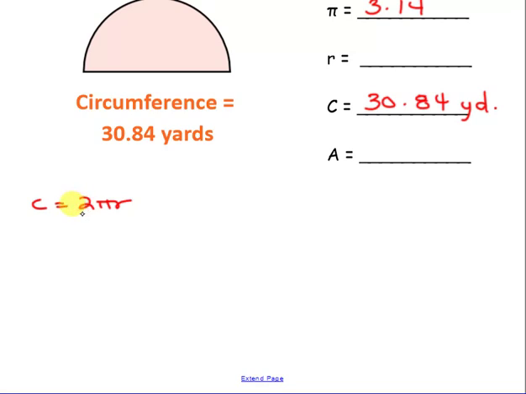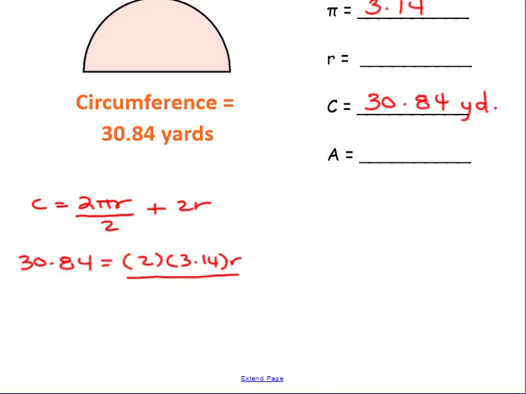C equals 2 pi r divided by 2 because it's a half circle, plus 2r. I have the circumference, which is 30.84, equals 2 times 3.14 r divided by 2 plus 2r.